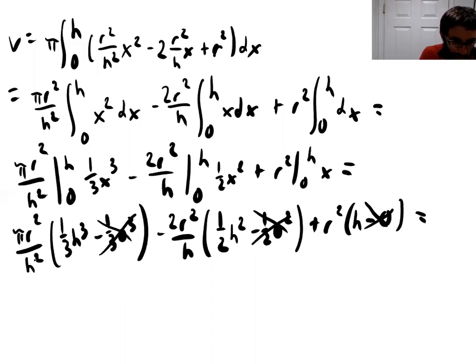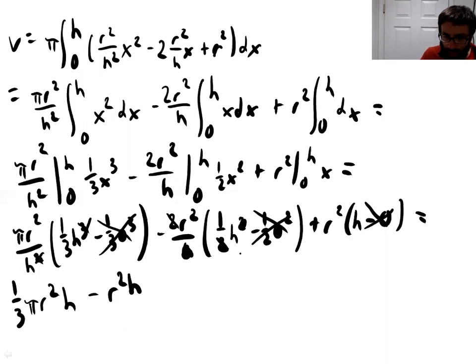Now we have pi r squared over h squared times 1/3 h cubed. We have an h cubed in the numerator and an h squared in the denominator, so that's going to simplify, and we're going to end up with 1/3 pi r squared h. Then we have minus 2 in the numerator and 2 in the denominator, and h squared over h, so that's going to be minus r squared h.